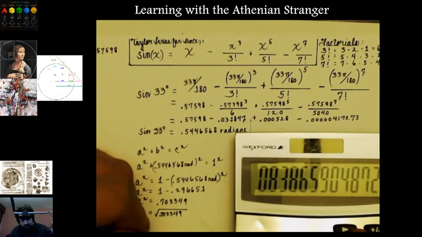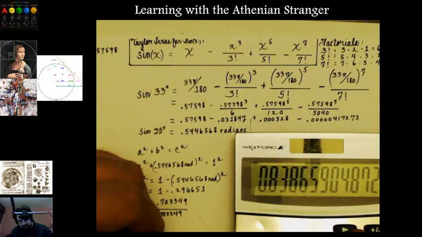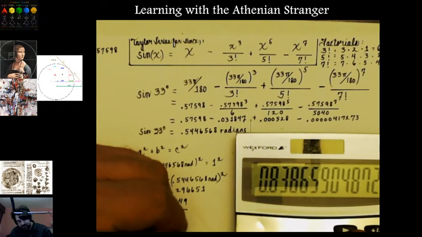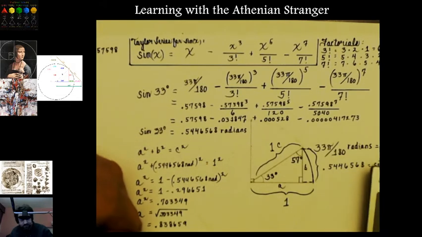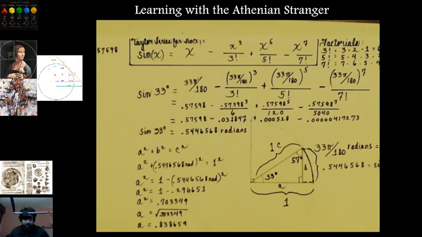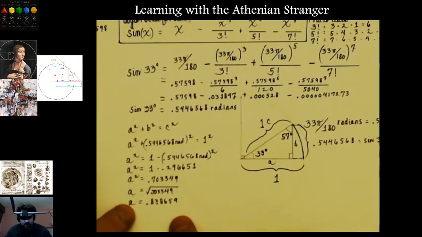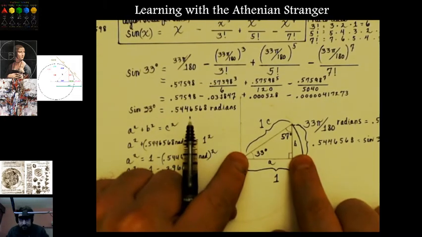So a equals 0.8386590. That's a. So that is the distance from here to here.